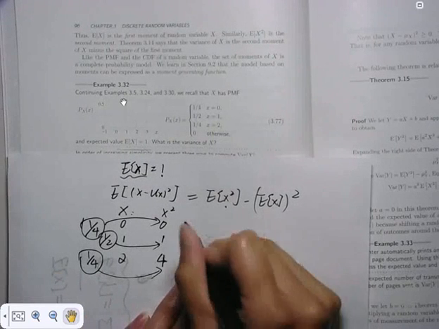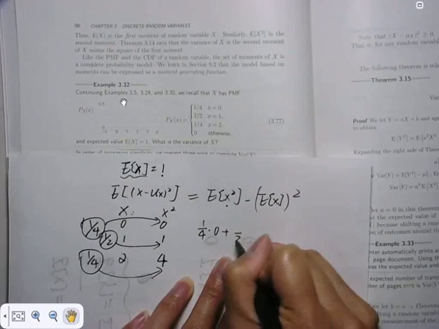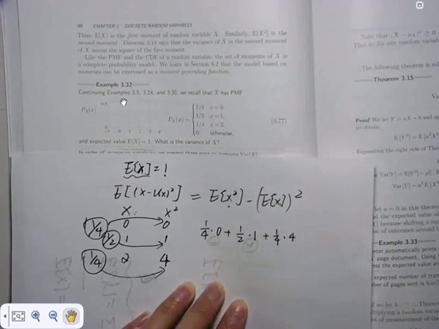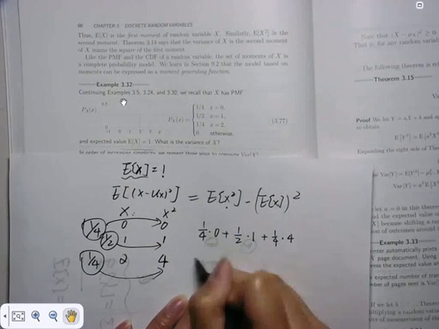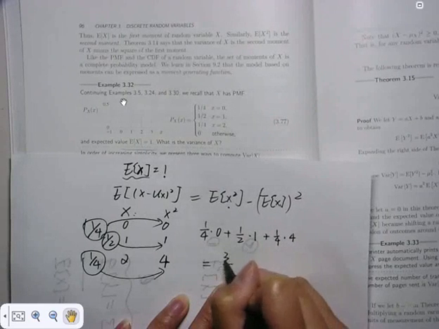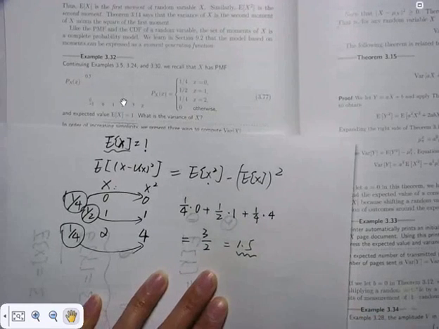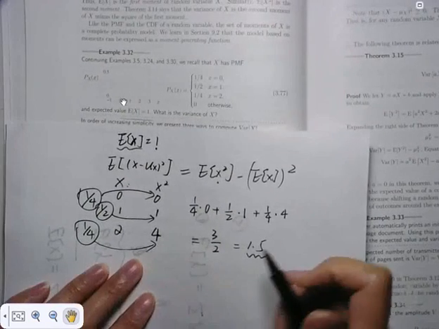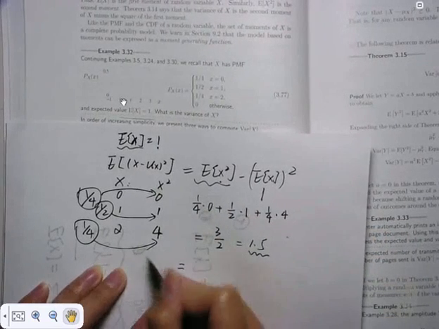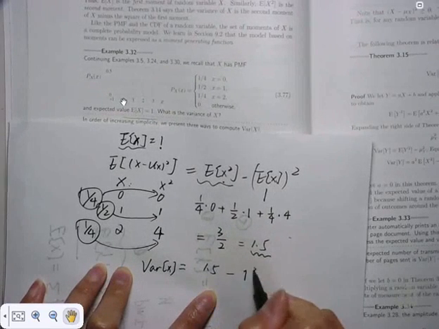That will be 1/4 times 0 plus 1/2 times 1 plus 1/4 times 4. Is it right? Yeah, 1.5 is the expected value of this, and I know this is just 1. So the variance of X is 1.5 minus 1 squared, right?